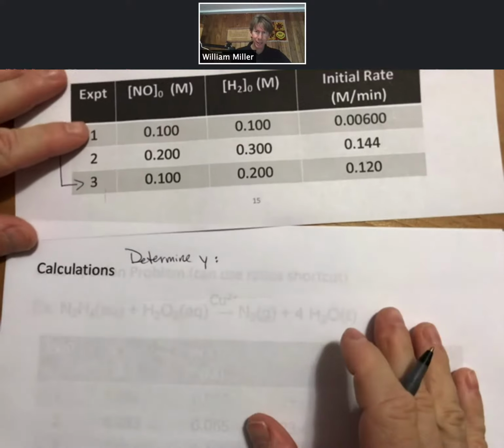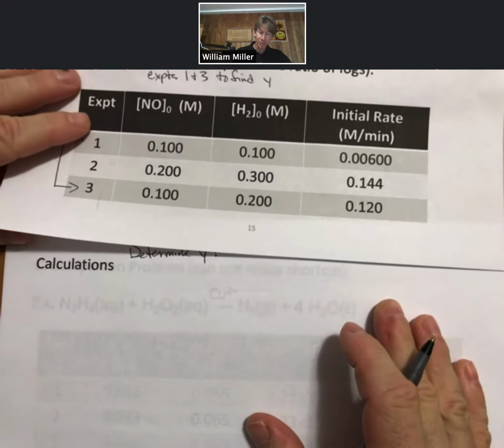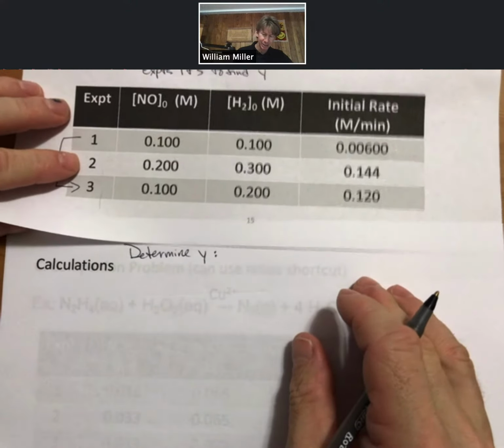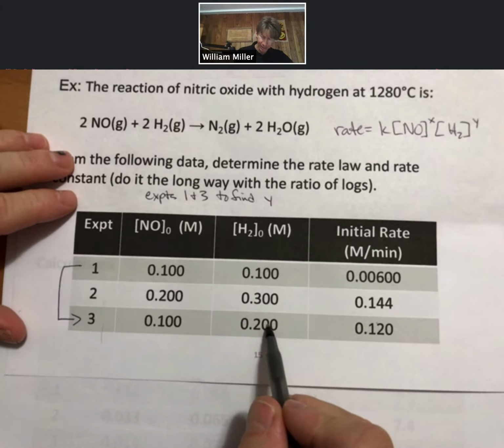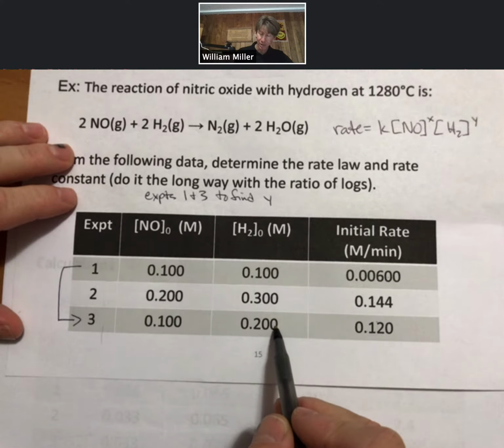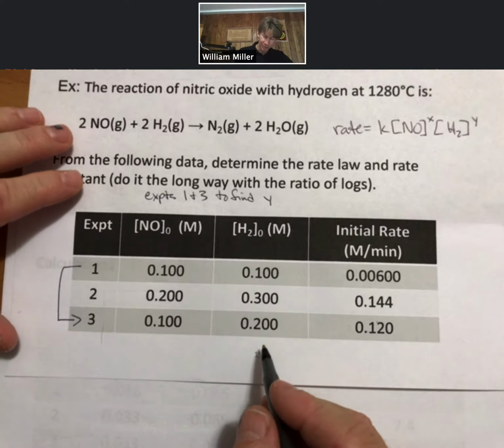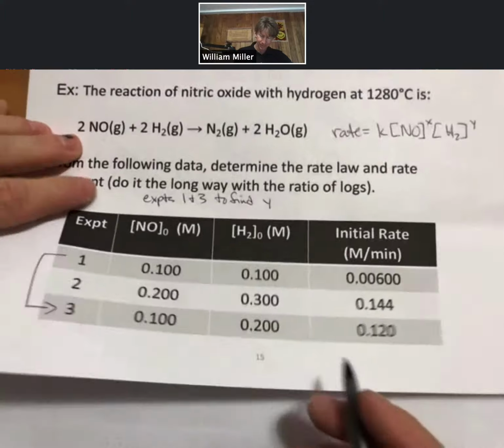In order to do that, we will do the same thing we did on the previous page, except I'm going to note that for experiment 3, the concentration of hydrogen is greater. So I'm going to put experiment 3 on top.